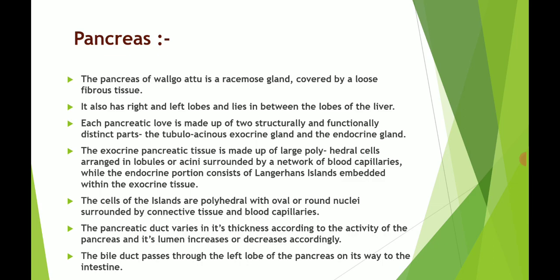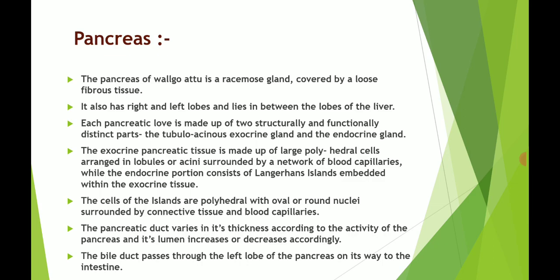Each pancreatic lobe is made up of two structurally and functionally distinct parts: the tubuloacinar exocrine gland and the endocrine gland.